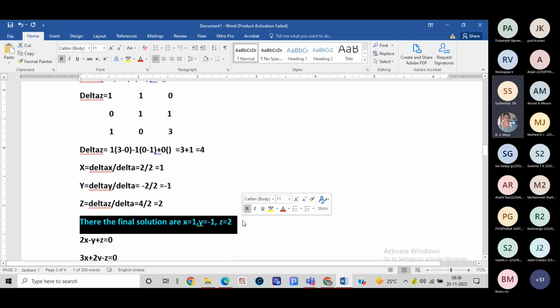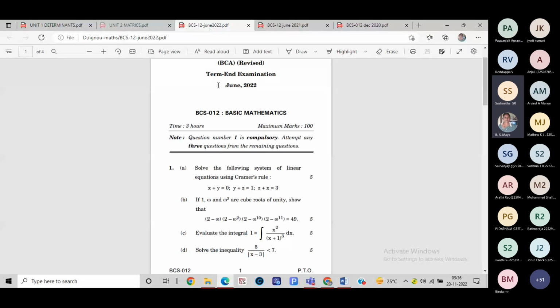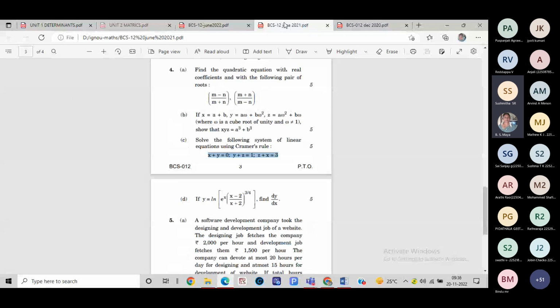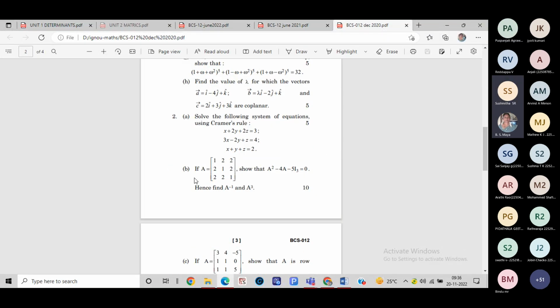In every question paper there is one problem on this. Still you have a doubt? So you can observe the first two question papers: June 2022 is the same question paper, and June 21 is the same question. And in the December paper you have these equations: 2x plus 2y plus 2z, 3; 3x minus 2y plus z is equal to 4; x plus y plus z is equal to 2.